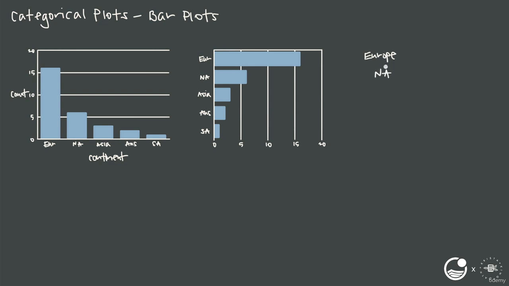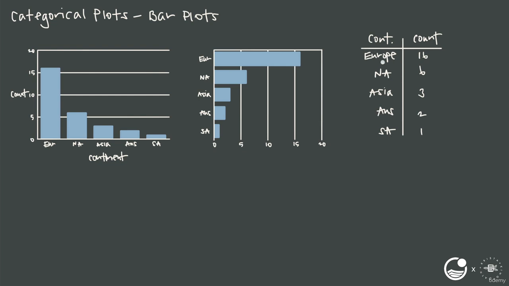And so our table might look like this: Europe, North America, Asia, Australia, and South America. And then our count of games would be 16, 6, 3, 2, and 1. So this is continent, and this is count, and this is what we call the frequency table that we can use to build a bar chart or bar plot or bar graph.